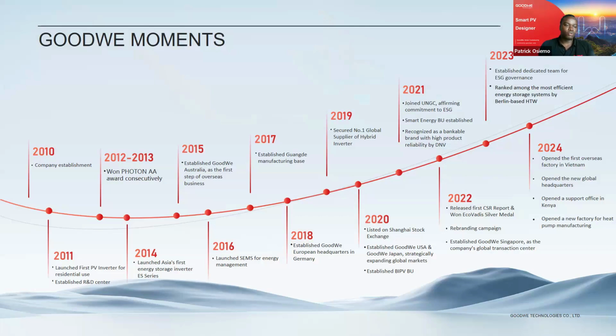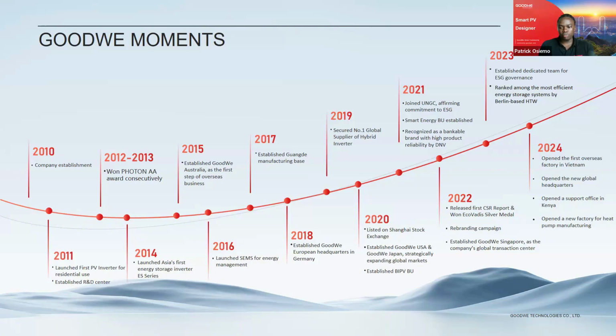Now, with the milestones of GoodWe, GoodWe was established in 2010. As GoodWe was being established, we decided to focus on PV inverters. So first off, we started as a residential PV inverter manufacturer, and we launched our first products in 2011, as well as our research and development center in 2011.